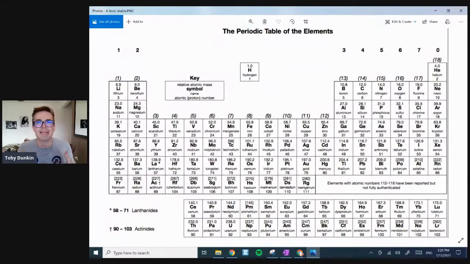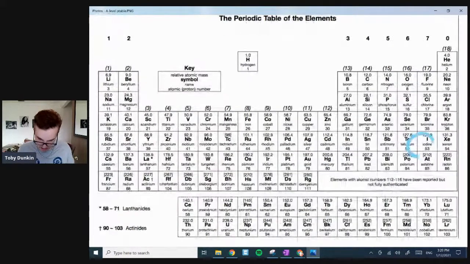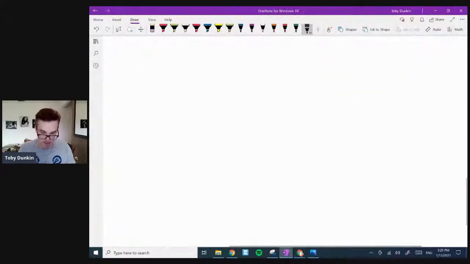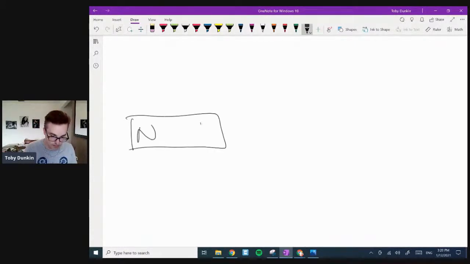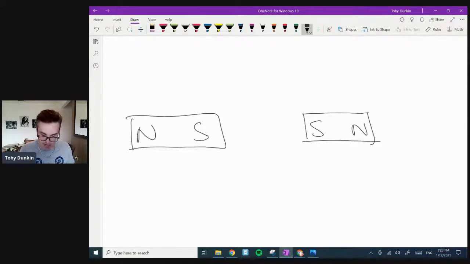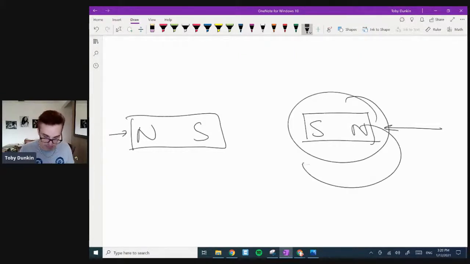Have you ever played with a magnet? Have you ever got two bar magnets? By the way, iodine is 53, my bad, 53. If you take two bar magnets, north and south, and you push them together with the opposite directions, using one finger, what you'll find is one will immediately rotate.